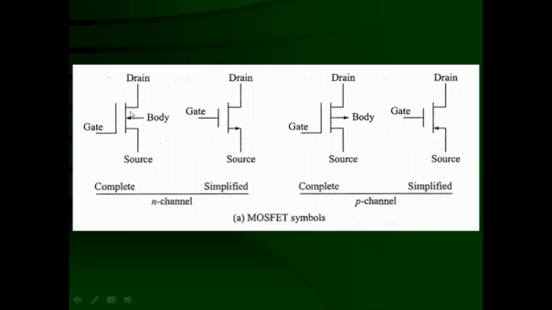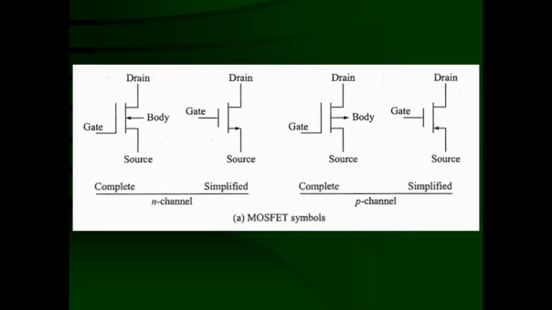This is the symbol of different types of MOSFETs. The body inward direction arrow is shown. So this is an N channel MOSFET. It can be written like this also, or when the body is combined with the source, the arrow will show outward direction just like an NPN transistor.